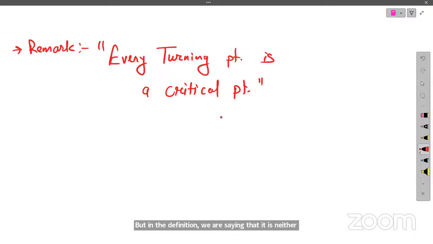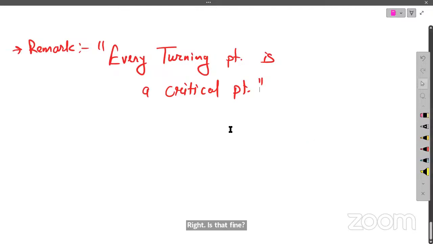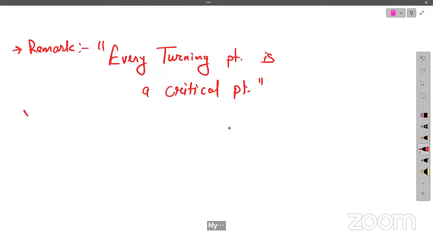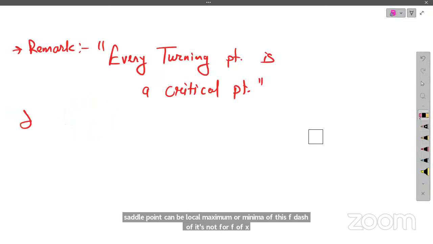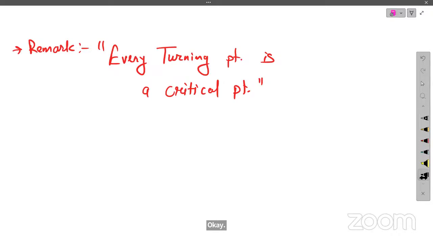Someone was saying that the first derivative function can have a local maxima or local minima. So we have two functions, f and f dash. A saddle point can be a local maxima or minima of f dash of x, not of f of x. For f, it is neither a local maximum nor a local minimum.